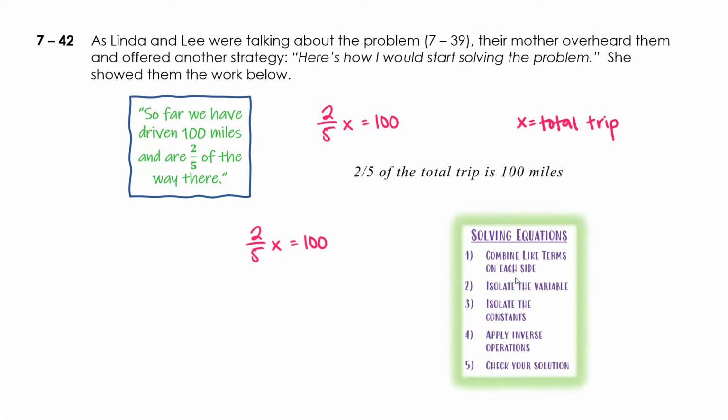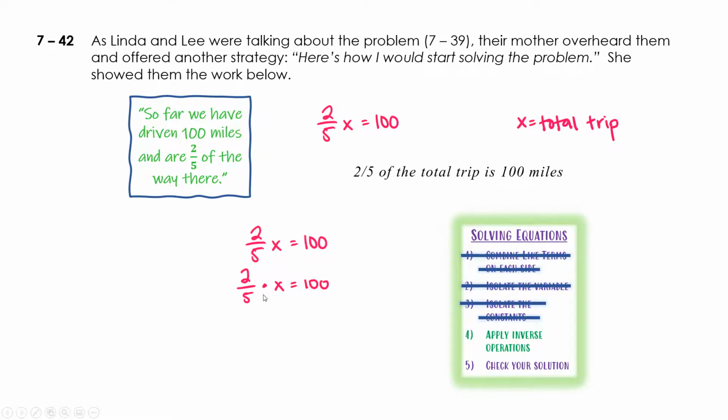If we look at our steps for solving equations, we didn't have to do the first three. So we need to apply inverse operations. Remember, a number in front of an x or a variable like this means that it is being multiplied. So it is 2/5 times x is equal to 100.